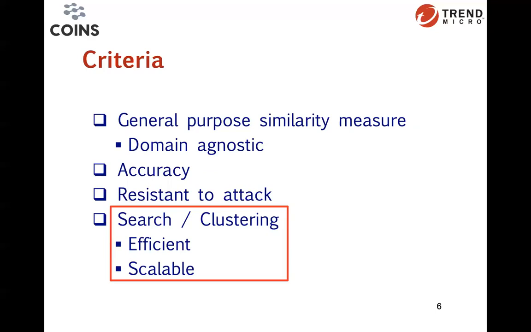We need to be able to very quickly identify, yep, this item is very similar to a sample that might be out of a collection of tens of millions or hundreds of millions of files. We also want to be able to scalably cluster files, and we need to be able to cluster millions of files every day. So fast search and fast clustering are key elements.